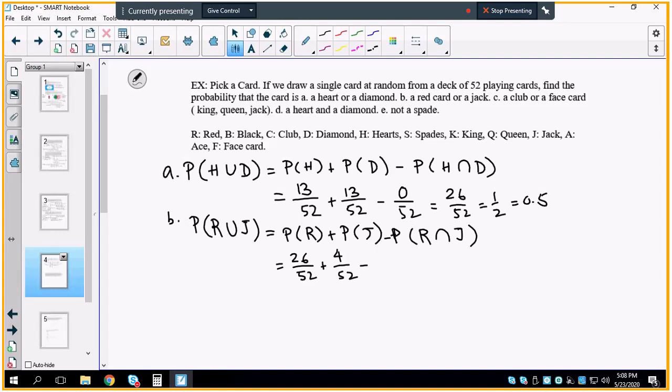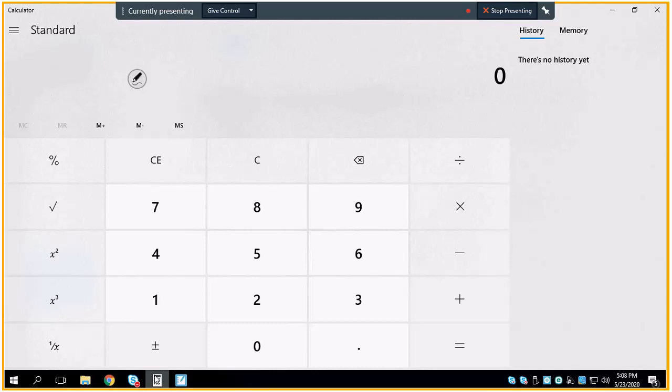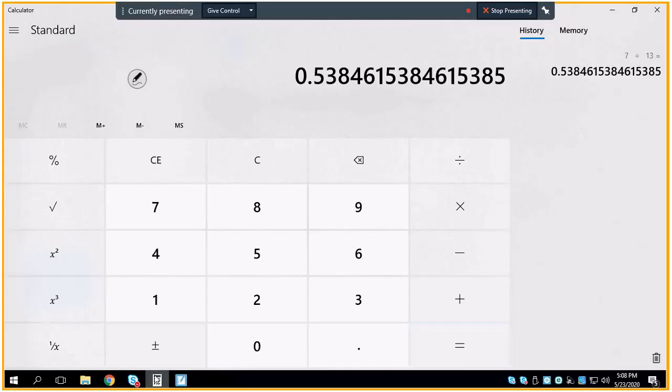And there are 2 red jacks, one diamond jack and the other one is heart jack. So 2 red jack. So I get 30 minus 2, so 28 over 52. And that should be 7 over 13. And I can use my calculator to simplify this number to 4 decimal places rounded. 7 over 13 should be 0.5385.